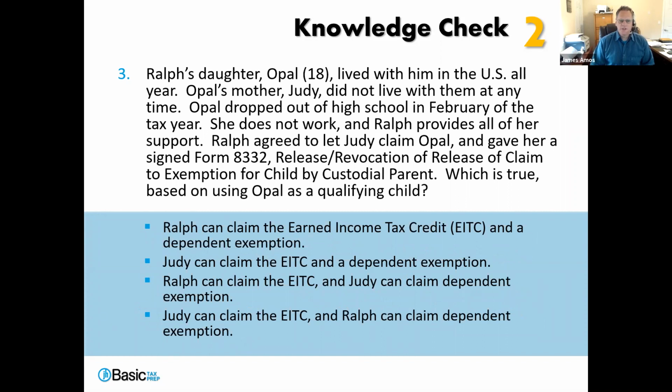Ralph agreed to let Judy claim Opal and gave her a signed 8332, which is a revocation of release of claim to exemption for child by custodial parent, which is true based on using Opal as a qualifying child. I'm going to let you guys work with that. There's a lot of words there. I'm just going to be quiet and let you read that through and come up with an answer for us.